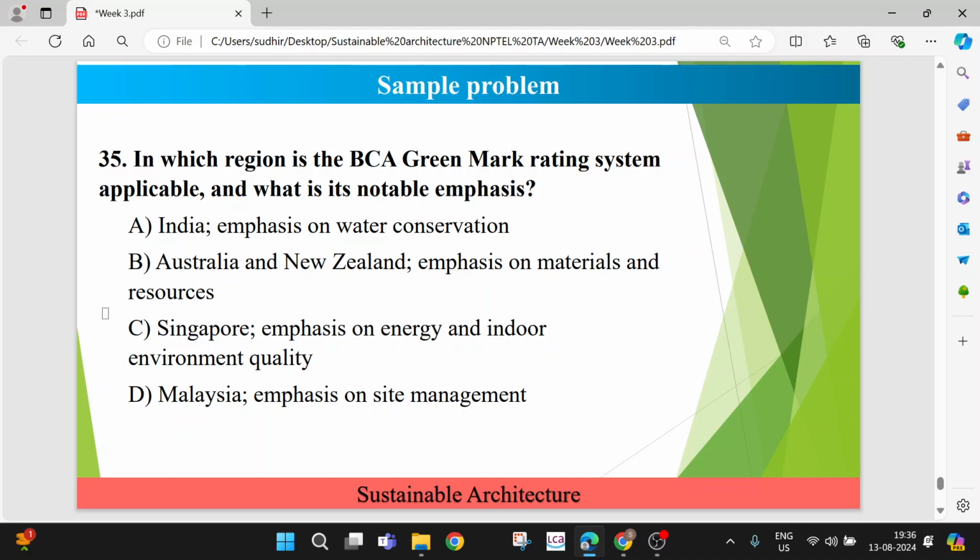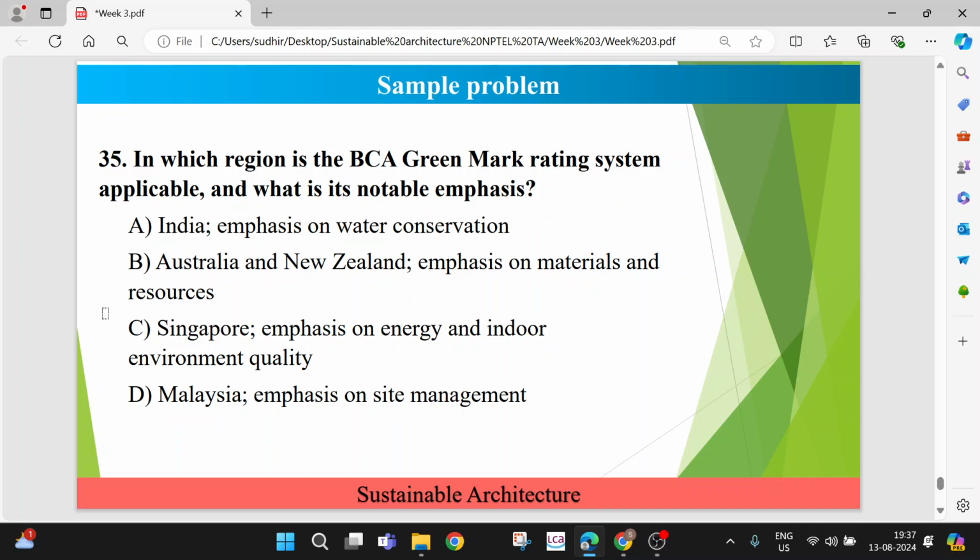When you look at the BCA Green Mark rating system on the map of the world, you will find that it is used in Singapore. It is notable for its emphasis on energy efficiency and indoor environment quality, which reflects Singapore's specific sustainability challenges and priorities, while the system does not consider factors such as site management and innovation.